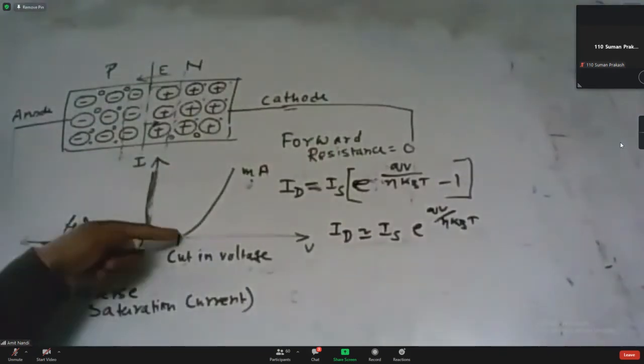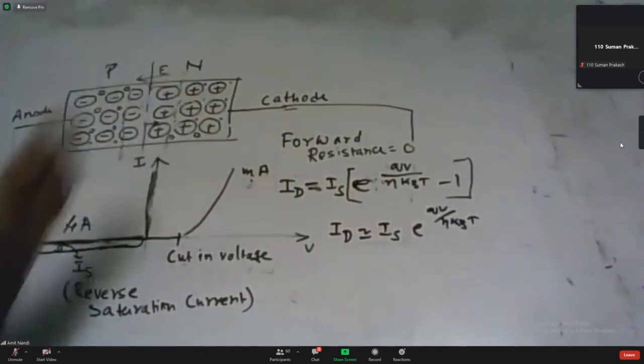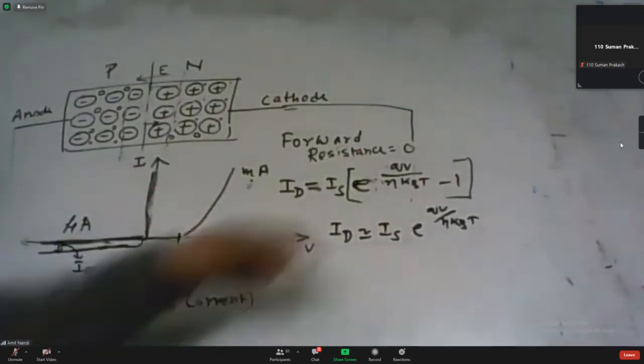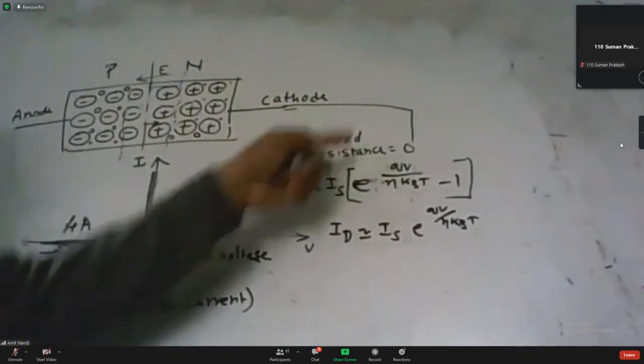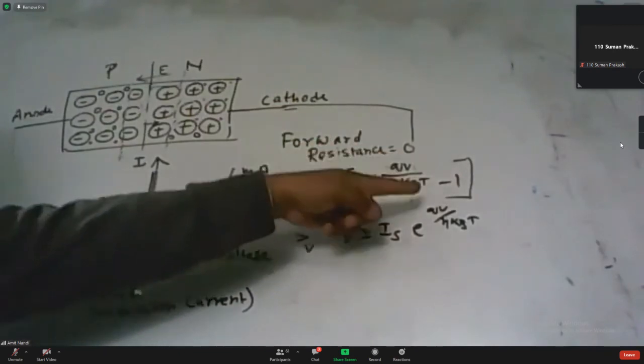So for that reason, the current under the forward bias condition basically increases exponentially after overcoming the barrier potential, and that voltage is called the cut-in voltage. Same thing in case of reverse bias condition, where the voltage is negative. If we put in a negative V, e to the power minus something, that term will be very low with respect to 1.